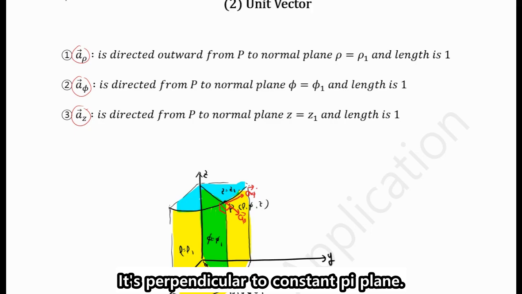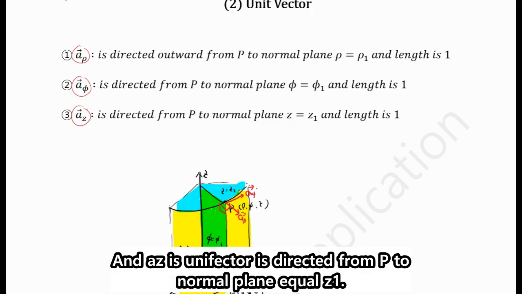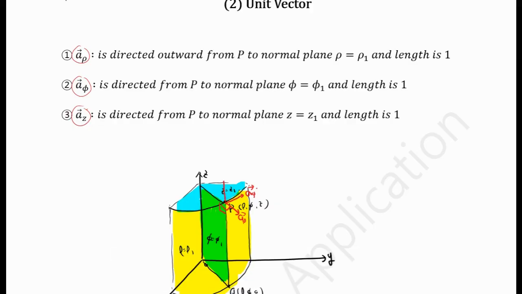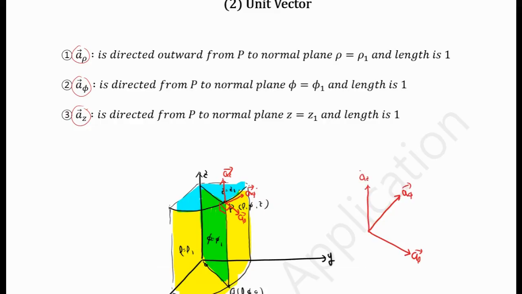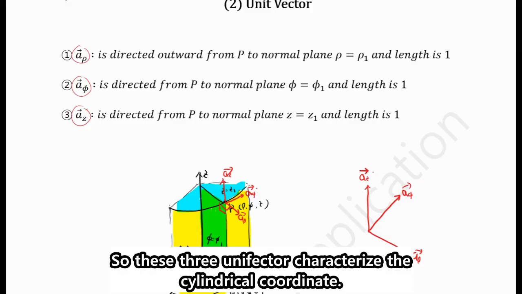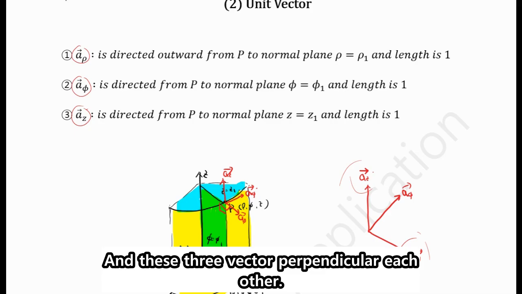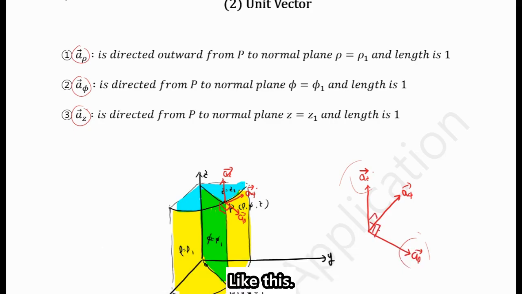It's perpendicular to the constant phi plane. And a z is the unit vector directed from P normal to the plane z equals z1. So this is the a rho vector. This unit vector is the a phi vector. This unit vector is the a z vector. So these three unit vectors characterize the cylindrical coordinate system, and these three vectors are perpendicular to each other, like this.